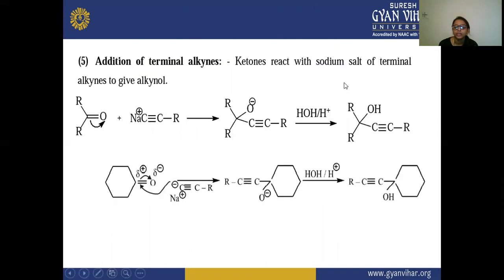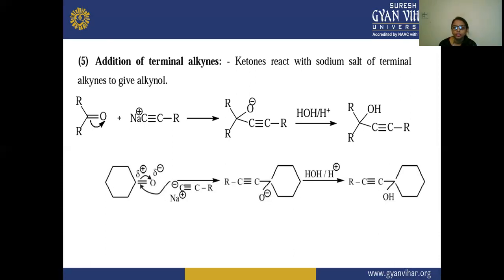Next is your addition of terminal alkynes. When these alkynes are added to this ketone, what will be formed? Here, the ketones react with the sodium salt of terminal alkynes, and it gives an alkynyl compound. You will see this oxygen is withdrawing electrons, and this is the sodium salt of the alkyne, with Na positive attached.